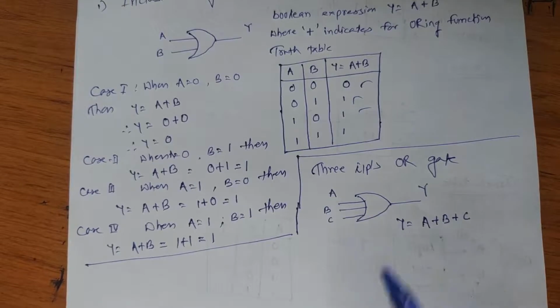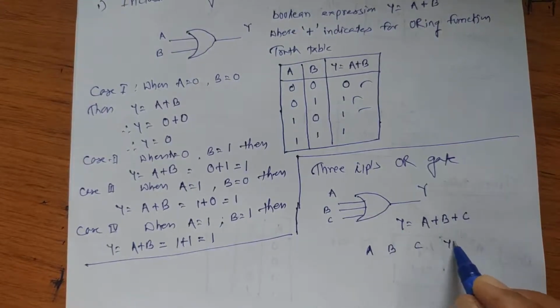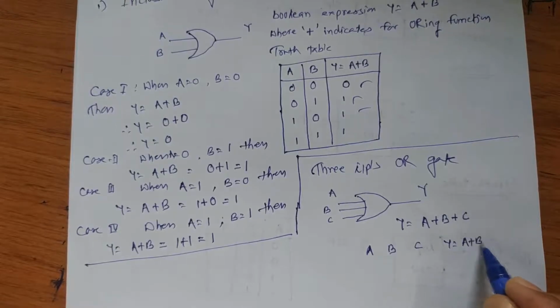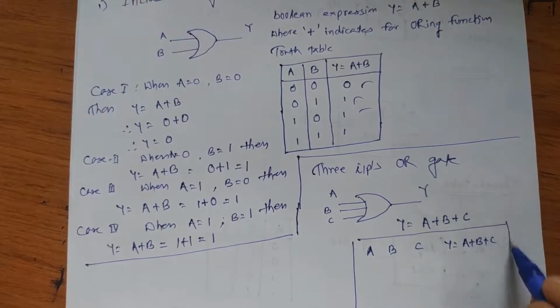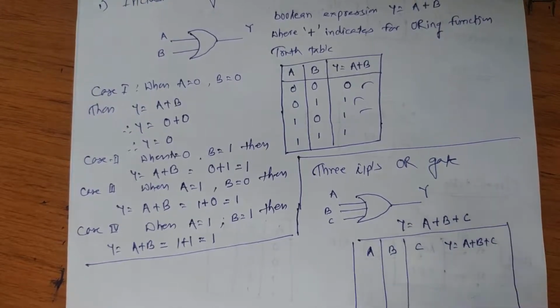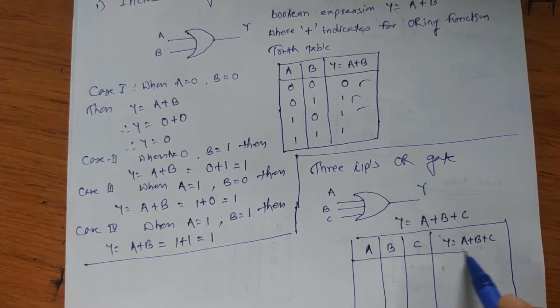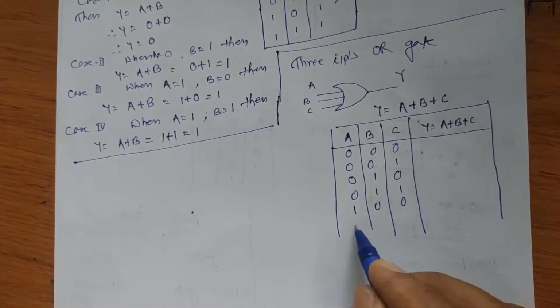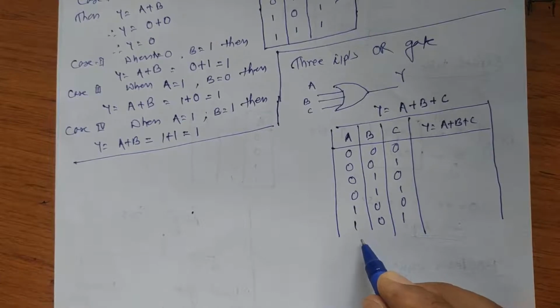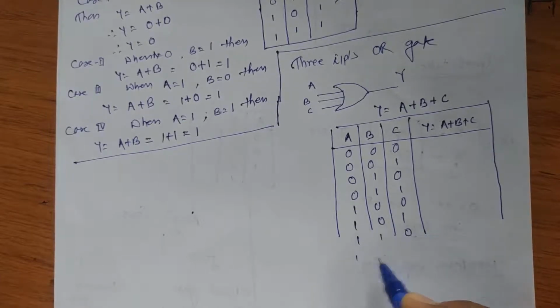Then what is the truth table? A, B, C, Y is equal to A or B or C. There are three inputs, so how many possibilities of the inputs? That is 000, 001, 010, 011, 100, 101, 110, 111.